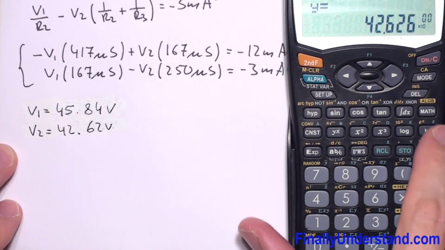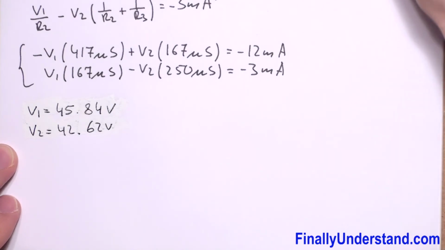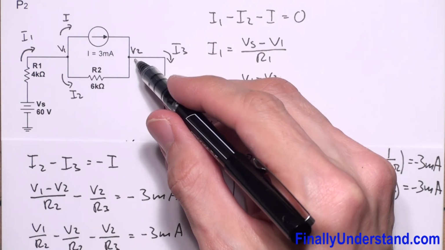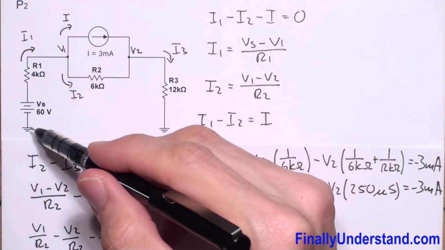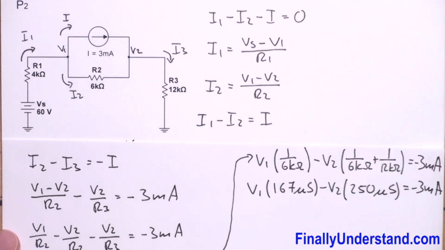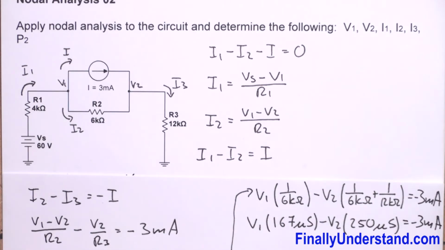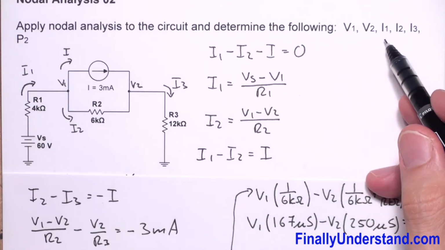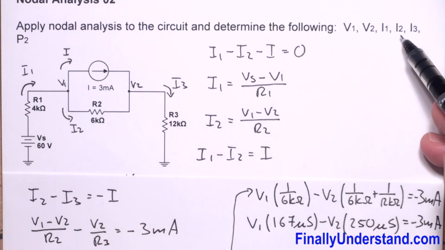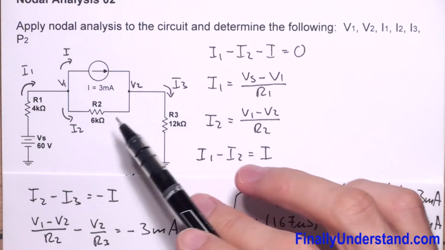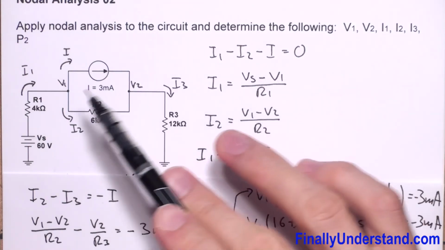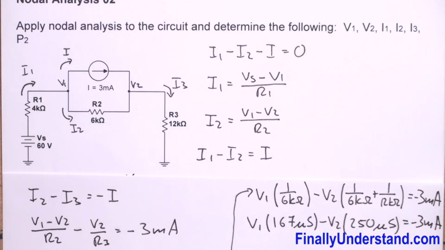Okay, so I found the voltages at the nodes V1 and V2. So this is the voltage between this point and ground, and this point and ground. Now we're supposed to find the value of the current which goes through resistor R1, the current through resistor R2, the current through resistor R3, and find the power at resistor R2.